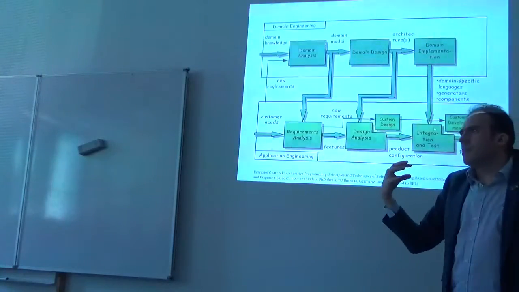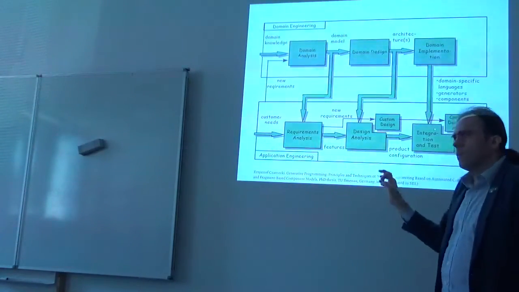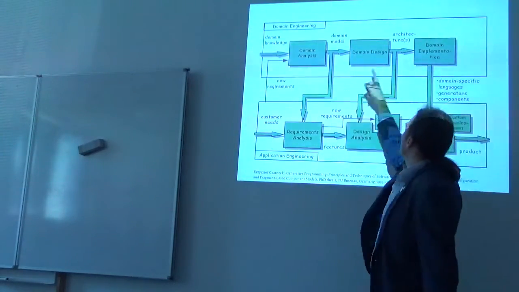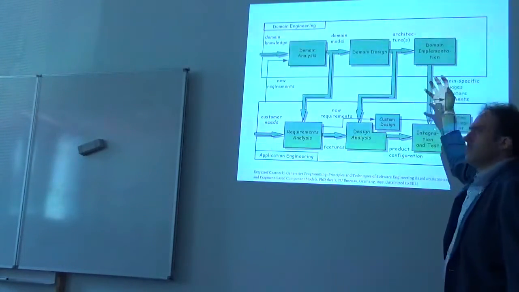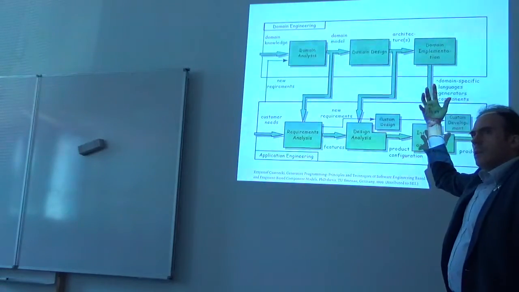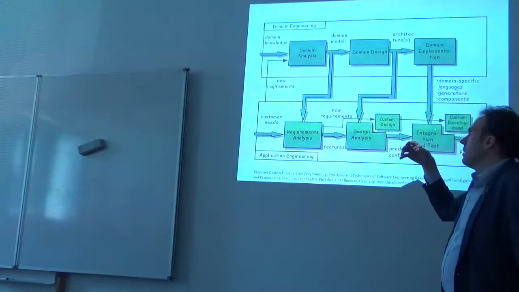And mostly, you're most happy if you can just pick certain features and configure your product. This will bring up the components that implement these features, and they will be connected based on the mechanism that you implemented.